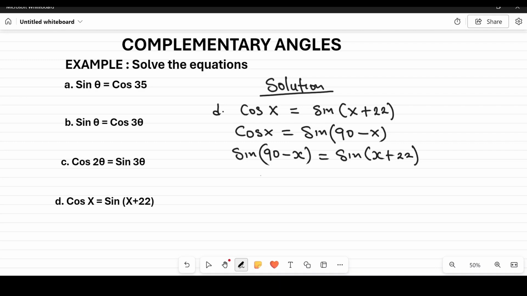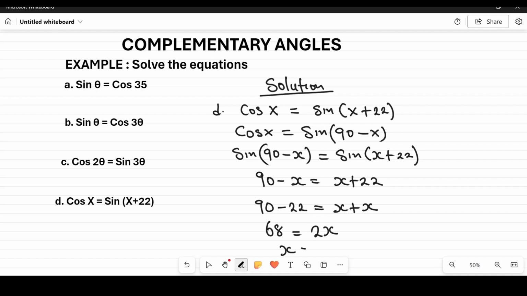Now our equation becomes 90 minus x is equal to x plus 22. From here, we can collect like terms. We have 90 minus 22 is equal to x plus x. So therefore, this becomes 68 equal to 2x. So x is giving us 68 divided by 2, which is equal to 34 degrees. So the angle x is 34 degrees.